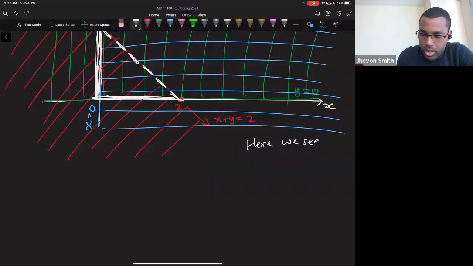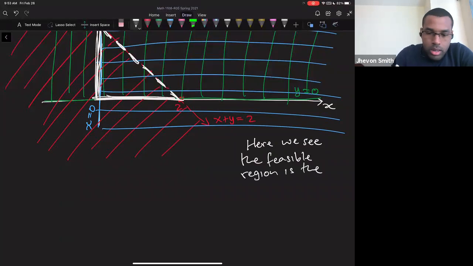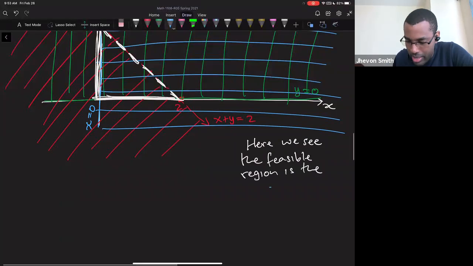So here we see the feasible region. It's the region that essentially looks like this.